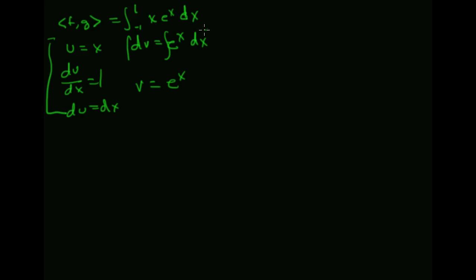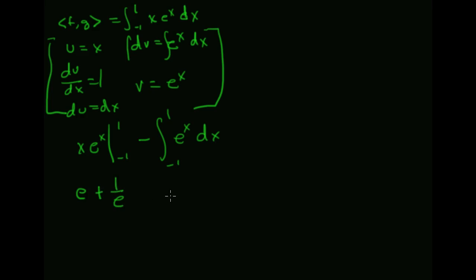This is like the by parts scratch work. You take u times v, x times e to the x from negative 1 to 1, minus the integral of v du from negative 1 to 1. Put 1 in there, you're going to get e. Put negative 1 in there, you're going to get minus negative 1 over e.